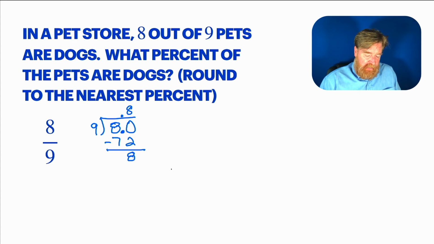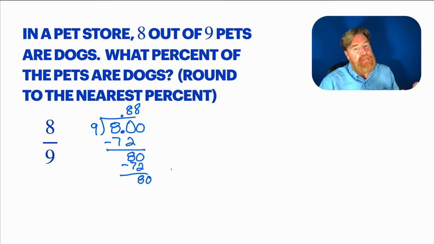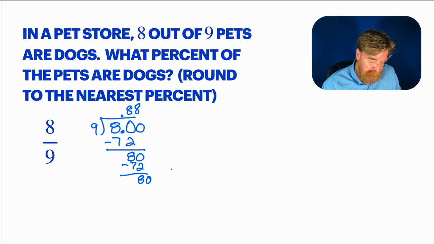Subtract, and I get 8. Ooh, wait, I saw that before. All right, well, I think that means we're going to have a repeating decimal. Look at this, 9 into 80. Yes, 8 times again. 8 times 9 is 72. Subtract, we get 80. Guys, this is just going to repeat. It's going to be 0.88888, right, as a decimal.